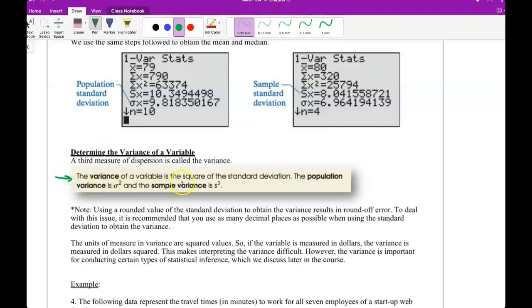Variance of a variable is the square of the standard deviation. So whatever your standard deviation is, squaring that is your variance. The population variance is sigma squared, and the sample variance is S squared.